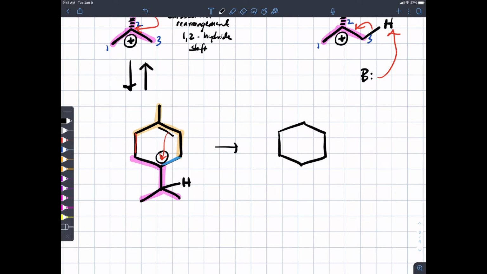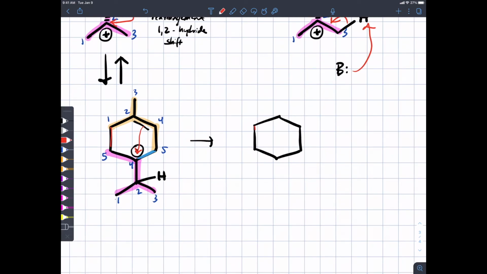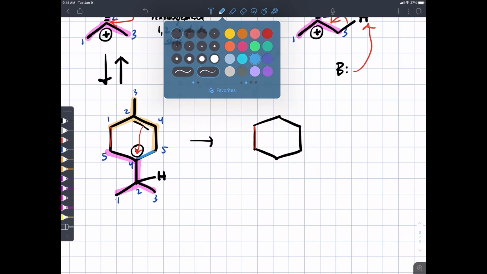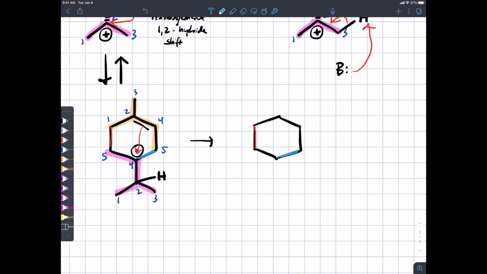So what would that do? That's going to make a new bond between orange carbon 4 and pink carbon 4. And for those of you playing along at home, you will notice that we made a second bond in this ring, which is going to convert this into a bicyclic ring system.